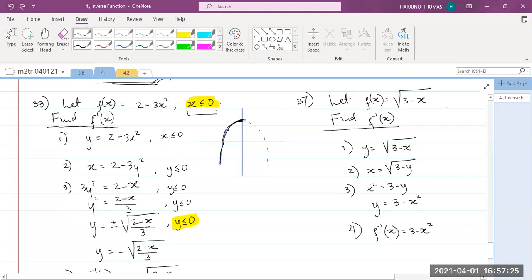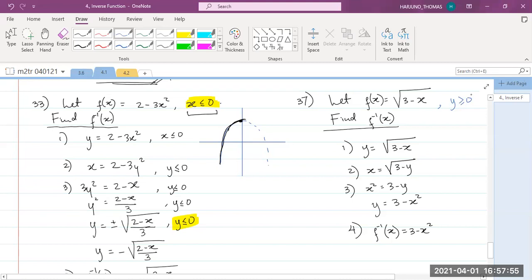need to pay attention to. Remember when you square both sides, you may have extraneous solutions, right? At this point, when you square both sides from here to here, you may have extraneous solutions. So let's take a look at the range of that original function. Notice that the range will be at least 0.